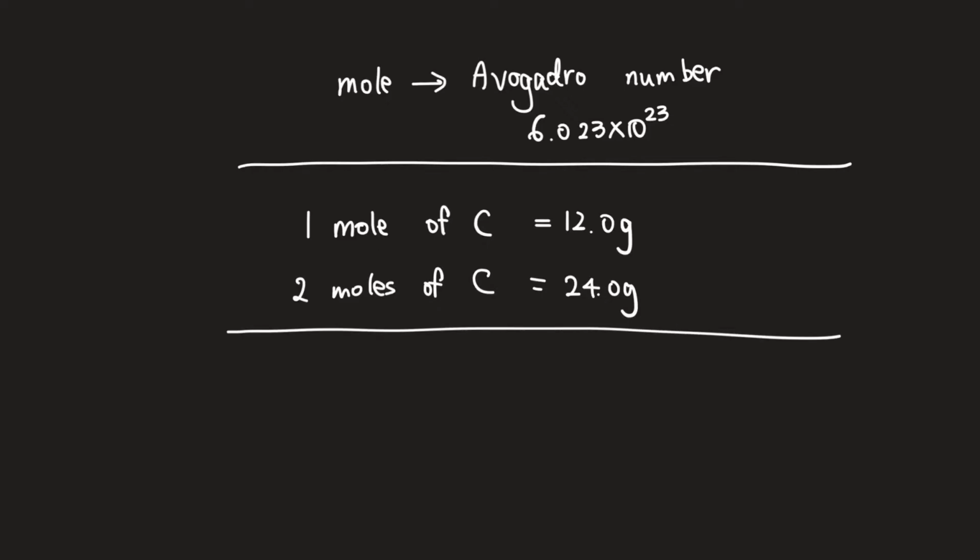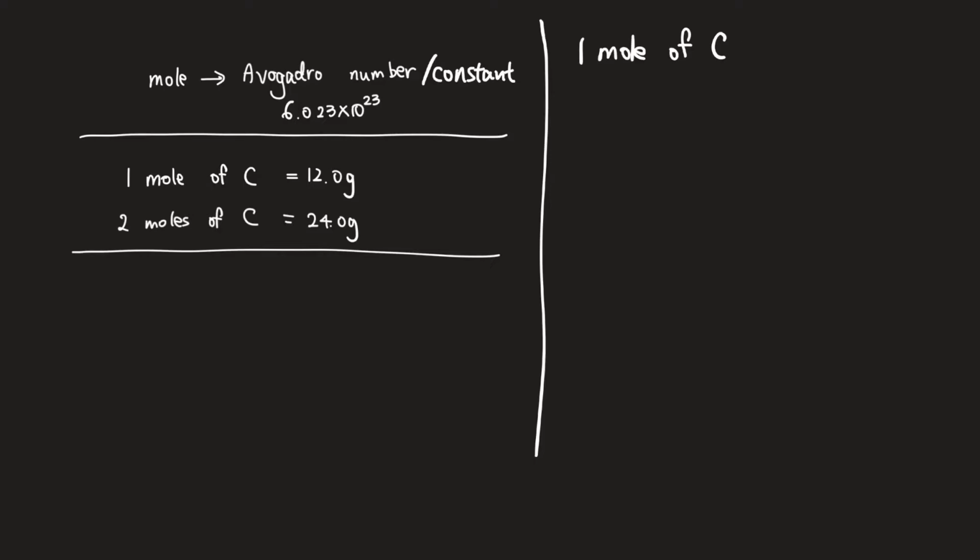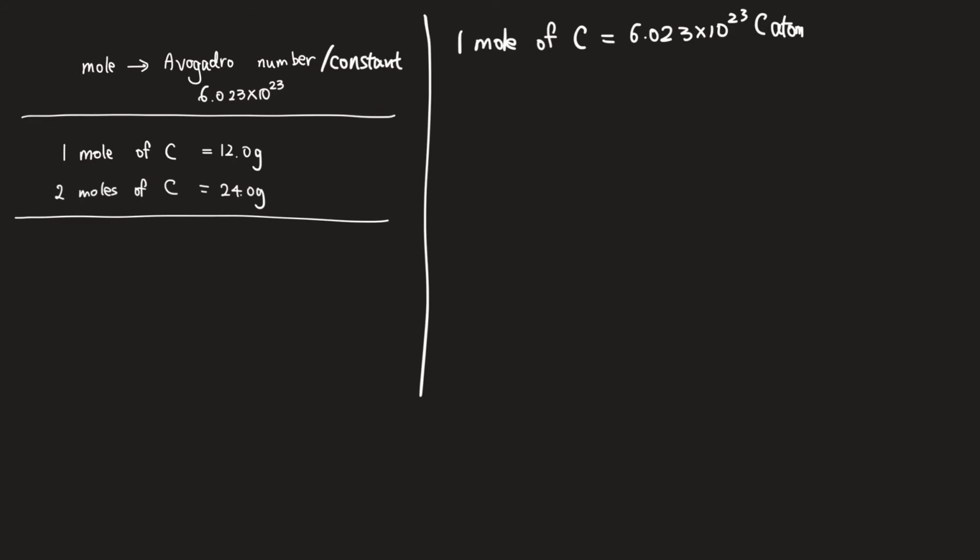So the definition of Avogadro number, or the constant, actually we can also name it the constant. If we talk about 1 mole of carbon, we are actually talking about this amount of carbon atoms. And if we have 2 moles of carbon, the calculation will be 6.023 times 10 to the power 23, and then times 2 atoms.